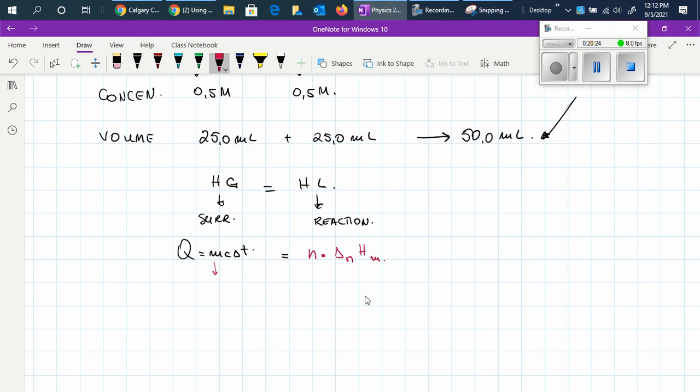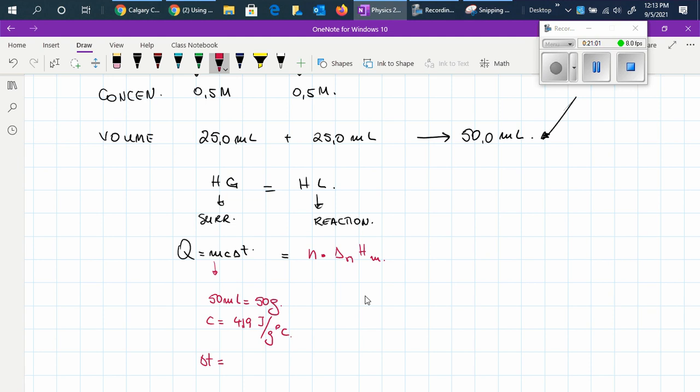Okay, so now we have mass equal to 50 milliliters, which is the same as saying 50 grams. We said it because the grams and milliliters of water are the same. C is equal to 4.19 joules per gram degree Celsius, and delta T will be whatever is the final minus initial.